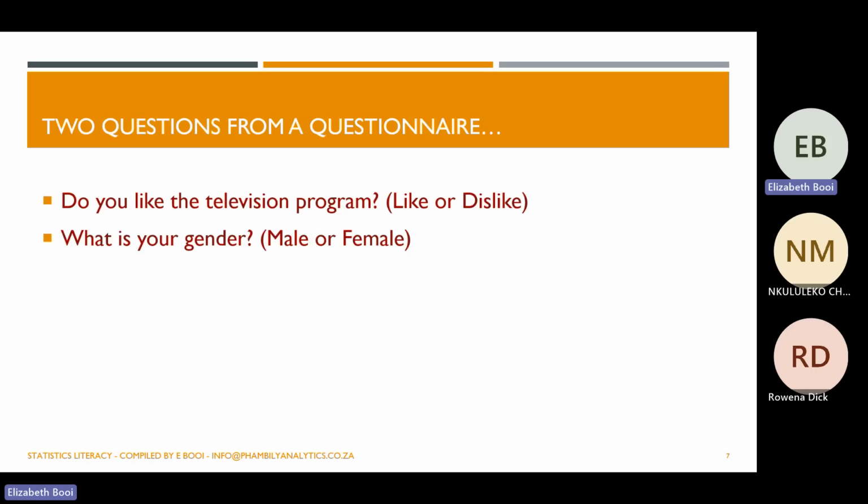Out of all the other questions they were asked, they chose those two because they want to test if there is a relationship between gender and whether people like the TV program. So they also want to see which kind of person it appeals to, right? Is there a relationship between the two?